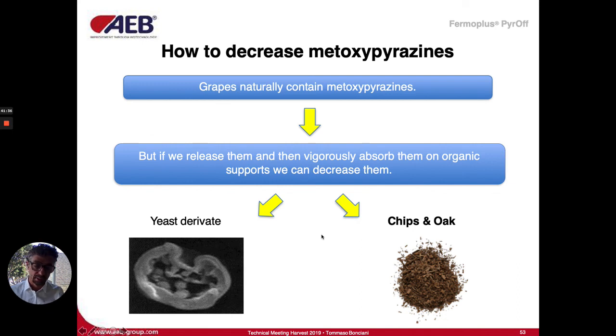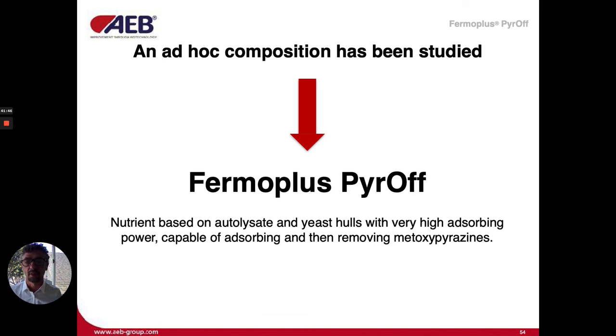Oak chips, yeast derivatives, and AEB has selected a specific yeast membrane, very spongy, that can absorb this methoxypyrazine. We can use it in fermentation because it's a component of yeast, so it can go in as, say, a nutrient.